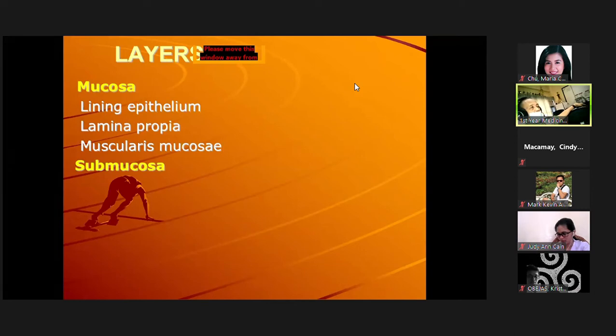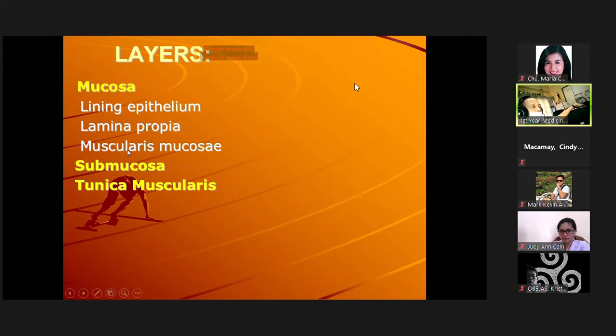And then you have submucosa. Underneath the mucosal layer, the next layer is submucosa, beneath, sub. And then you have your tunica muscularis. So do not be confused with muscularis mucosa. That's why the muscularis mucosa is smooth muscle found in the mucosal layer.